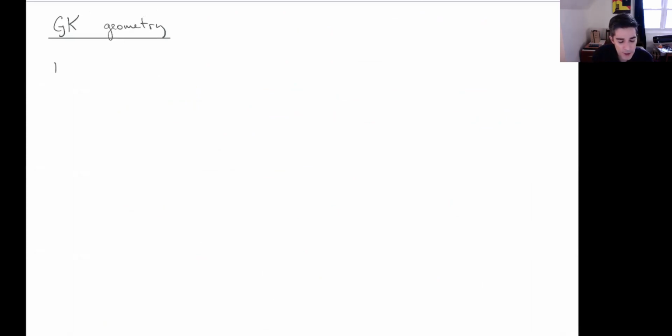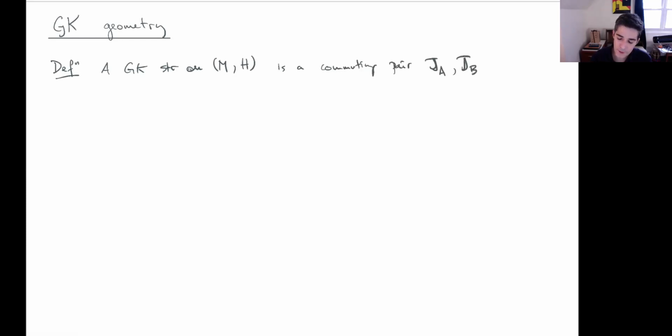Well, okay, so the definition is that a generalized Kähler structure on a manifold with a closed three form background is a commuting pair, let me call them JA and JB, of generalized complex structures. And they have to satisfy a positive definite condition. So this is an open condition.